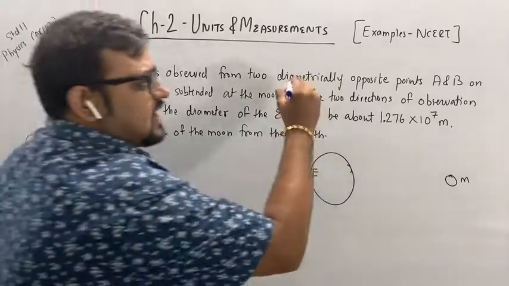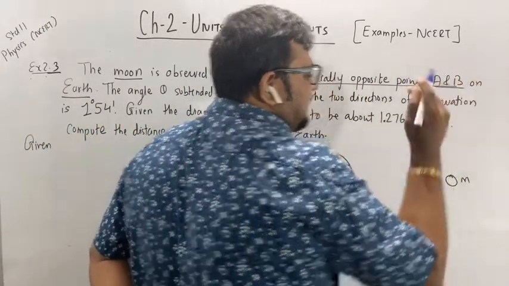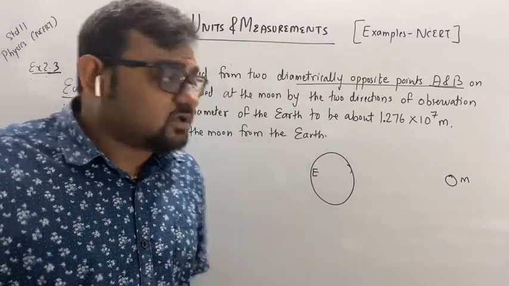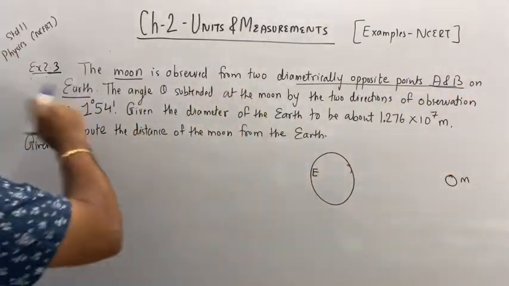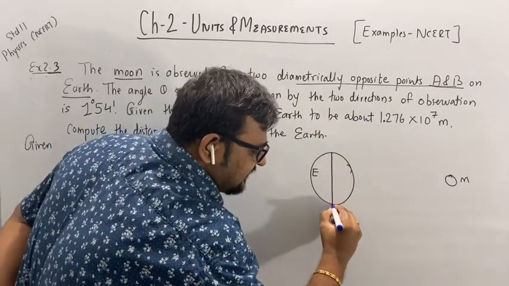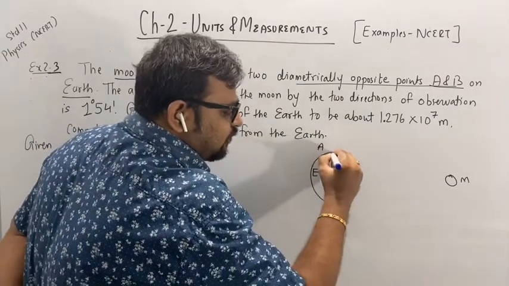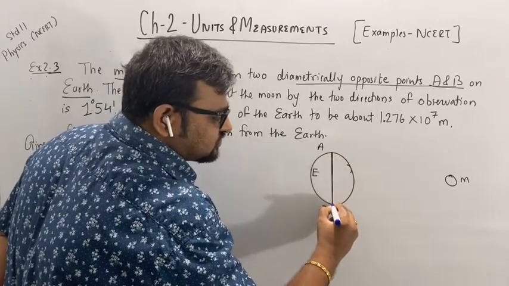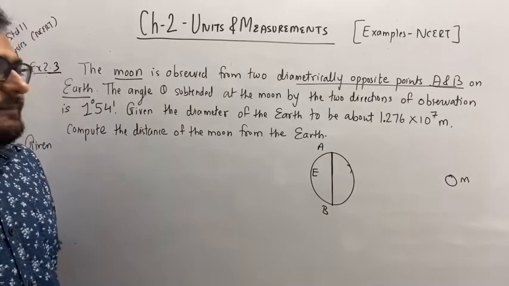Now, diametrically opposite points A and B. A and B are diametrically opposite points of what? Moon or Earth? A and B on Earth. So I will take diametrically opposite points. This is the diameter. This is one point, and exactly on the opposite side, B. So this is called diametrically opposite points A, B.